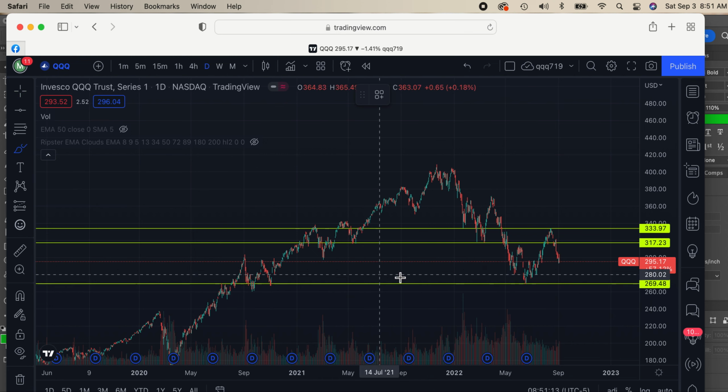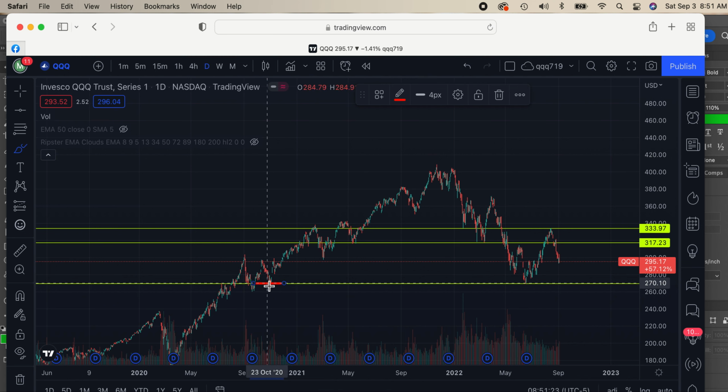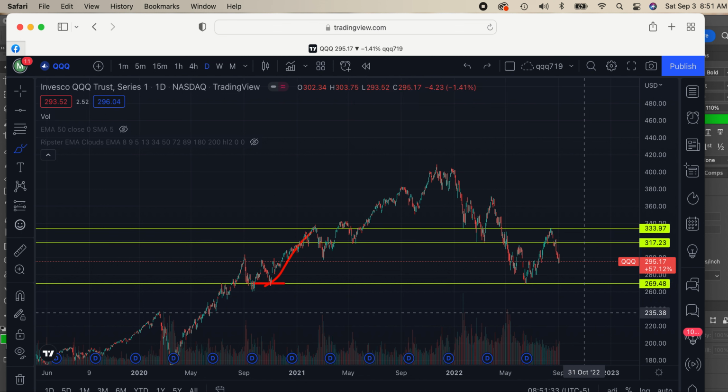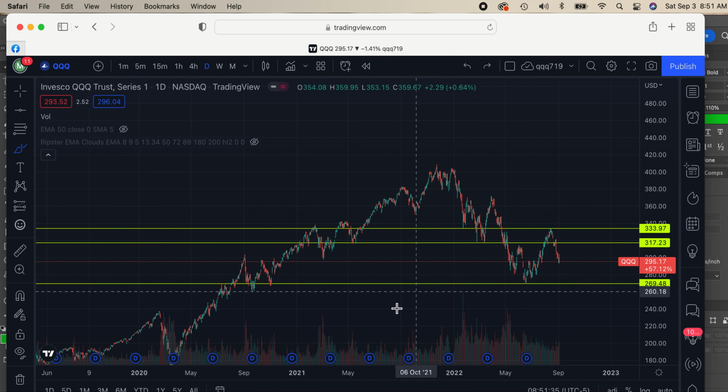So normally, there's a guy that says, when QQQ gets below 270, I think it's on sale, and I'm going to buy it. If it gets below 270, I think that's a good deal. I'm going to buy more of it, right?